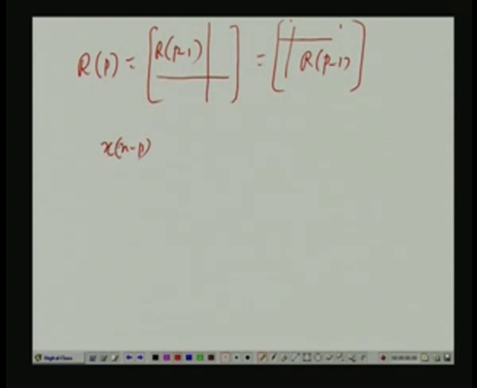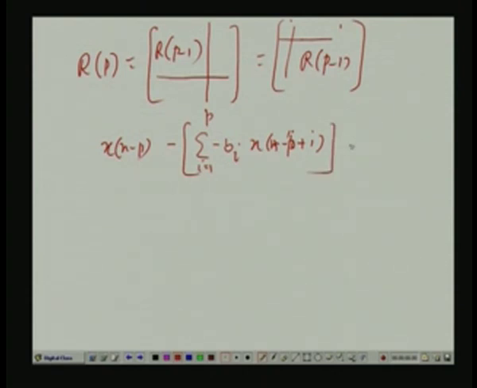So, from the p future values, if you want to predict x[n-p] as a linear combination, and let the coefficients be minus b_i, you write like this, with i equal to 1 to p.